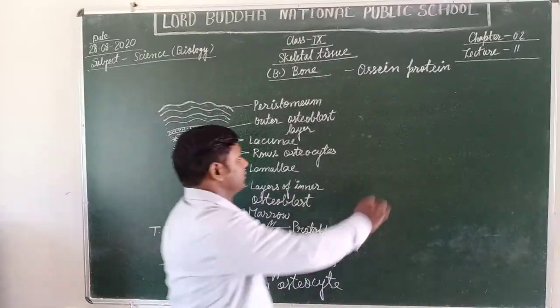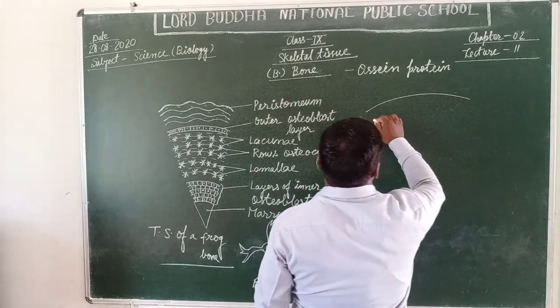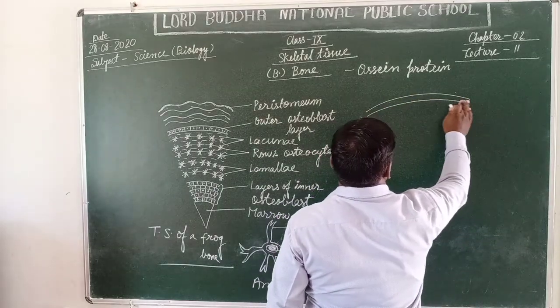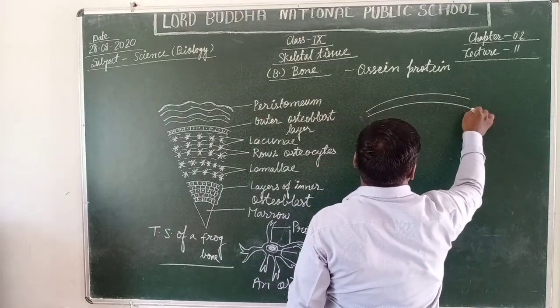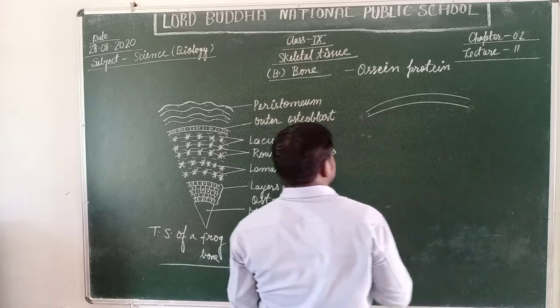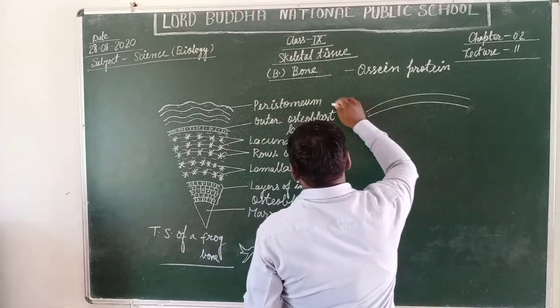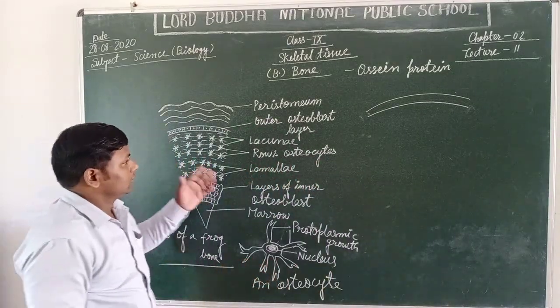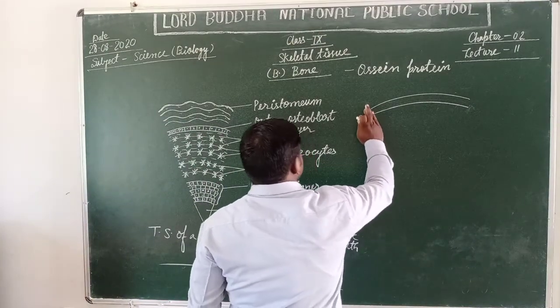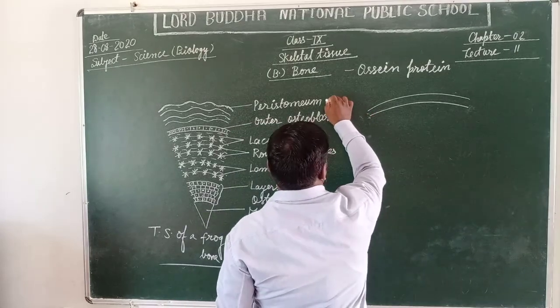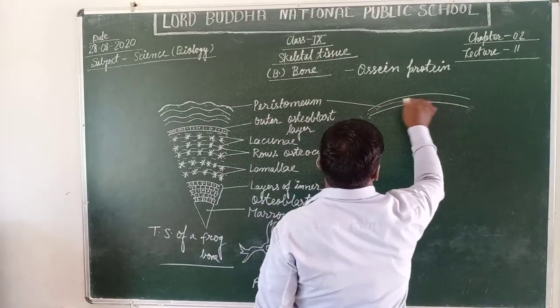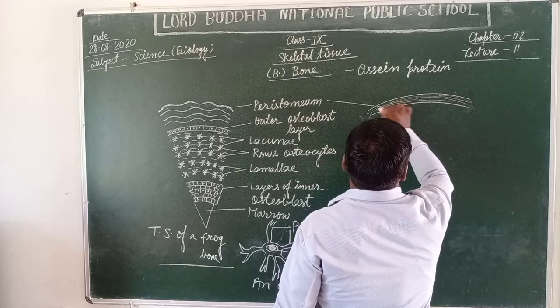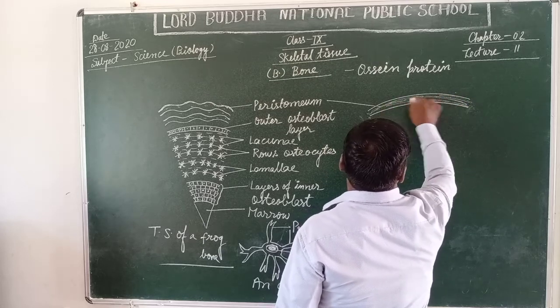Now students, here I am going to tell about the structure of a mammalian bone. Just like this structure of the bone, the mammalian bone also possesses the outermost structure that is called periosteum, that is smooth.